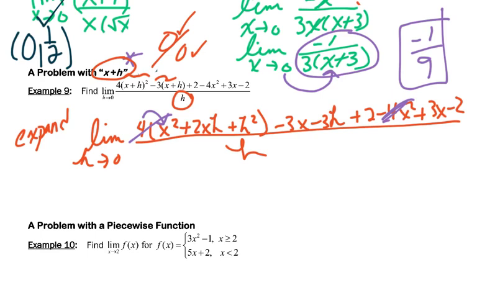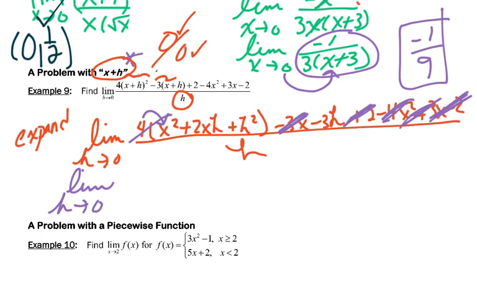So that's going to cancel. Basically, everything without an h in it is going to cancel. Here's a minus 3x that doesn't have an h in it. Here's a plus 3x. Here's a plus 2. Here's a minus 2. Everything without an h in it cancels, once you write that all out and start combining like terms and canceling things.